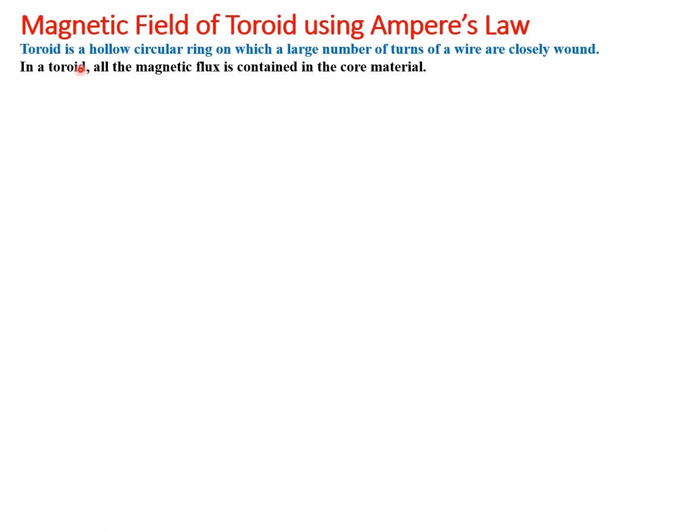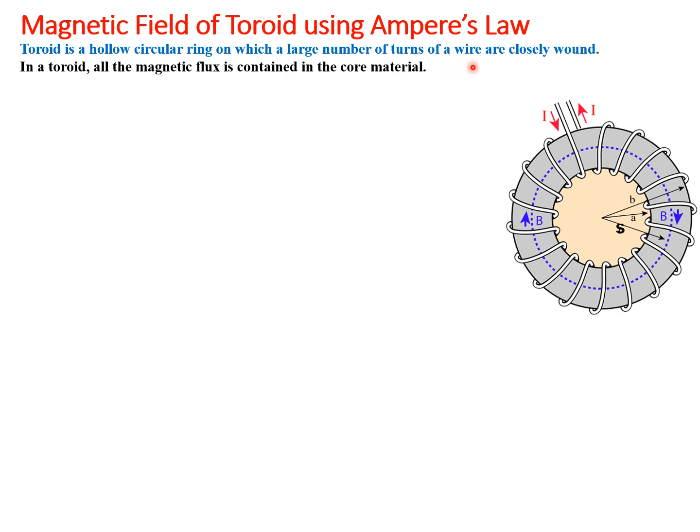Now we have to find out the magnetic field of a toroid using Ampere's law. A toroid is a hollow circular ring which has a large number of turns of wire, closely wound on this kind of ring. The wires are wrapped around this, and in a toroid all the magnetic flux is contained in the core material.